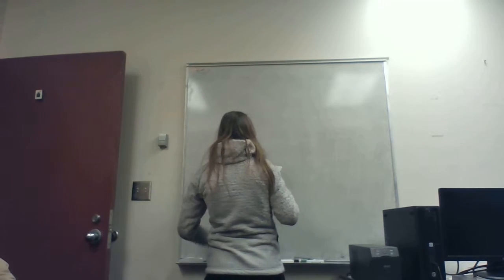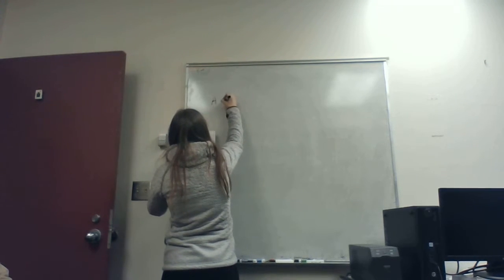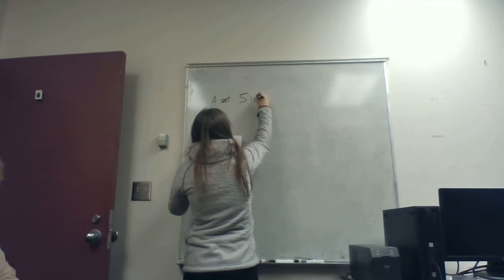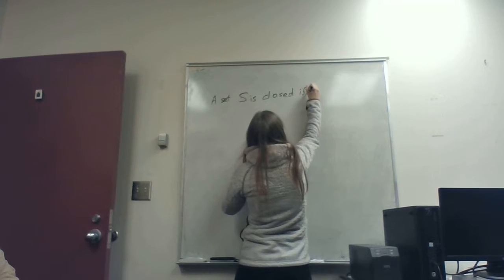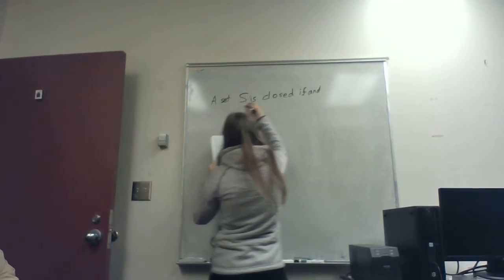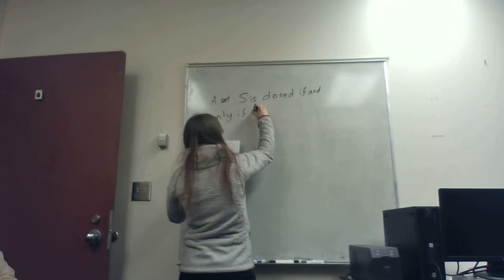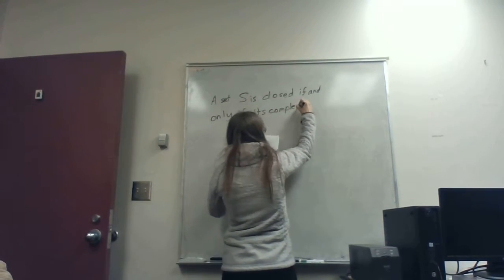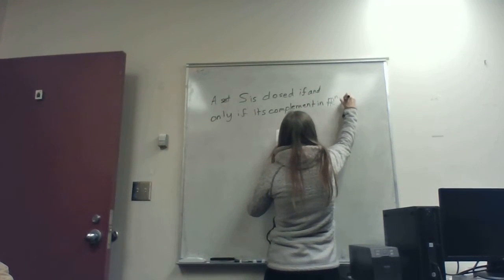The next thing we're going to go to is: when is a set closed? A set S is closed if and only if its complement in R to the n is open.